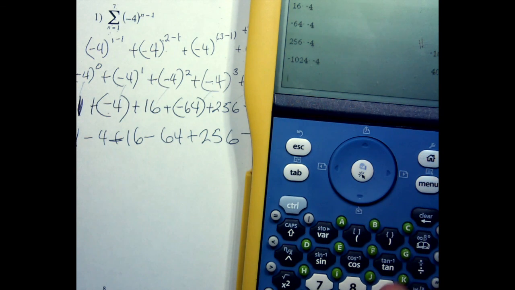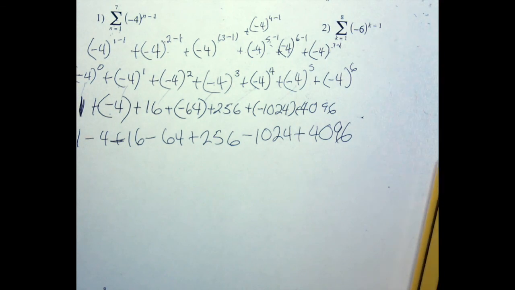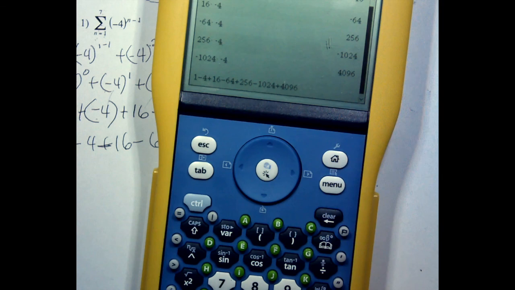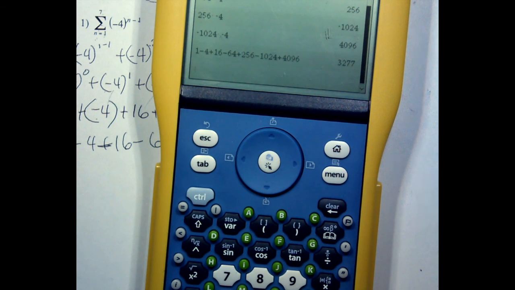Is that right? Yep, that's what I got on my paper and on the calculator. I hit enter and it equals 3,277.